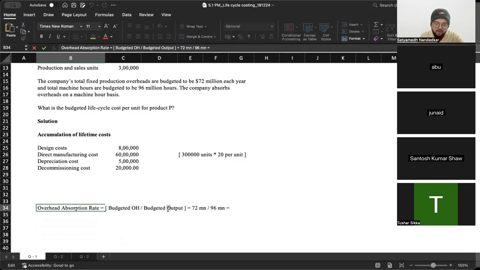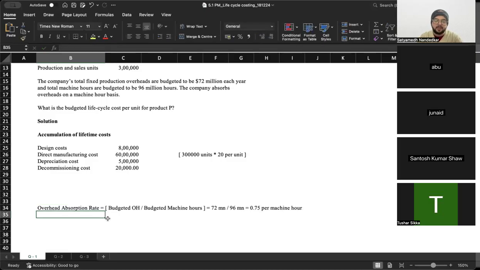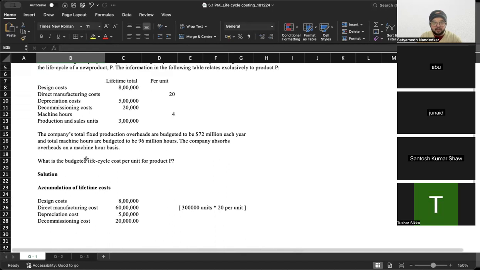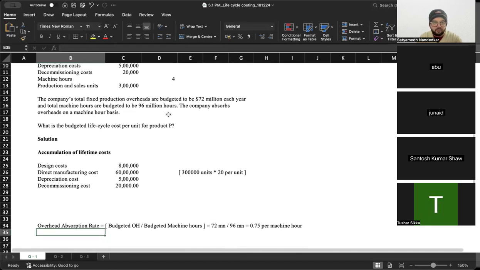It's not on the basis of output. So budgeted machine hours. 24 3s are 72, 24 4s are 96. 0.75 per machine hour. Okay, now here you are making 3 lakh units and machine hour per unit is 4.